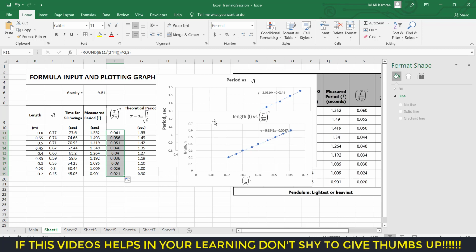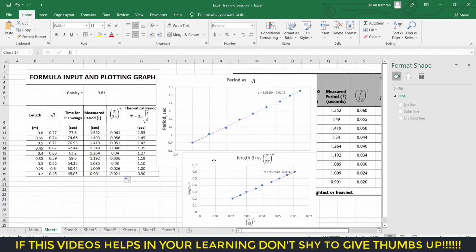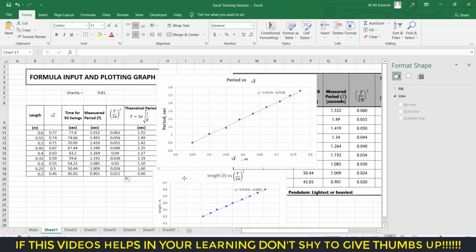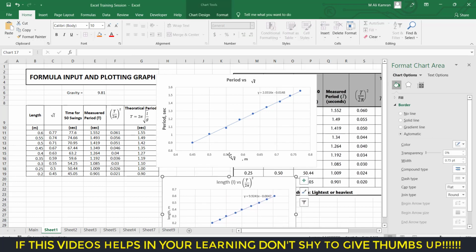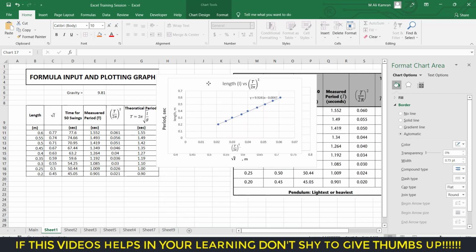But this is how we can use the experimental data to have the relationship between the time period and the square root of L, that is the chord length, and this is the graph of length versus t divided by 2 pi square. It will again be a straight line, and the slope of the trend line will give us the g value.